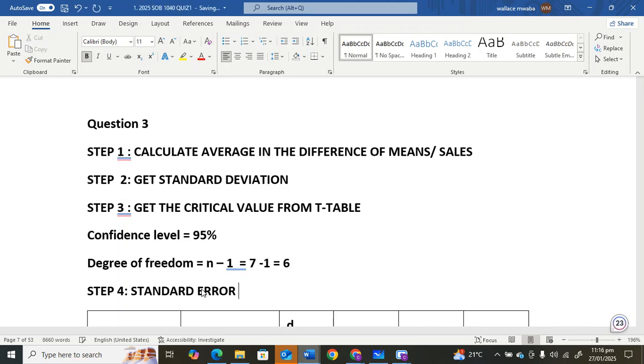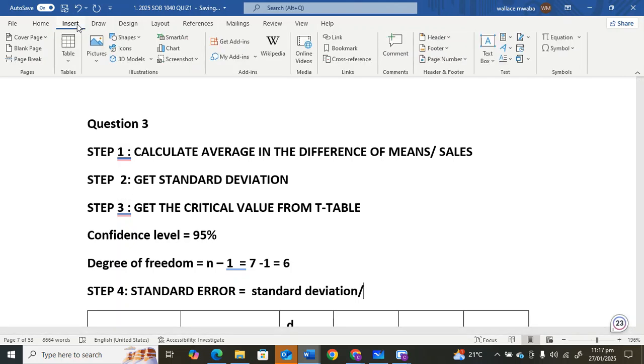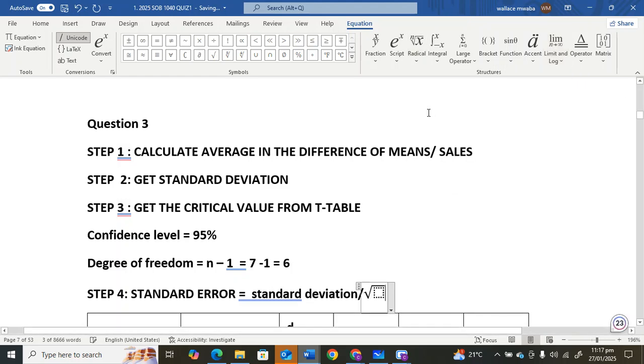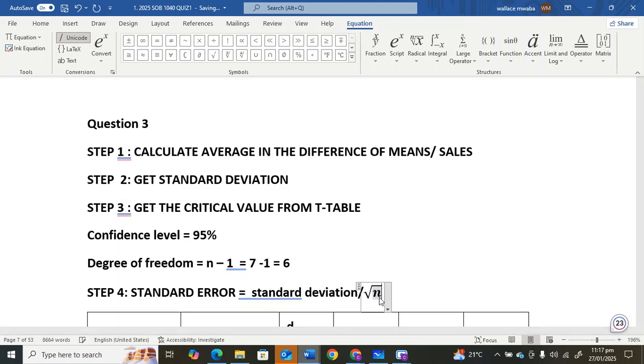So the standard error is just the standard deviation divided by the square root of n. That's how you get the standard error.